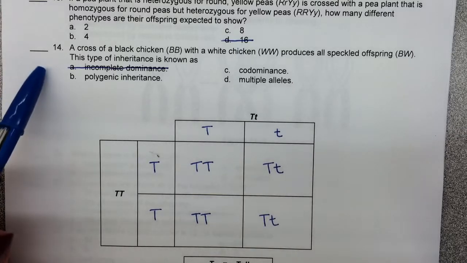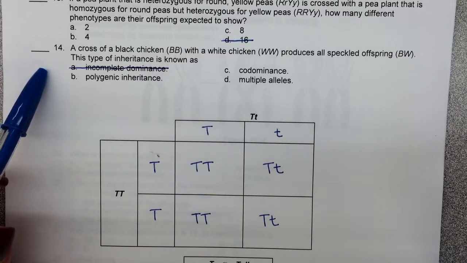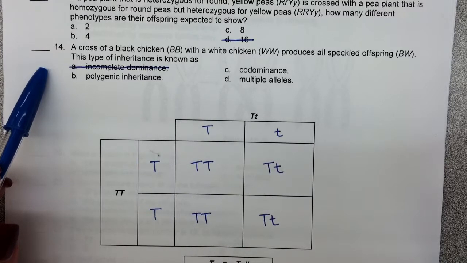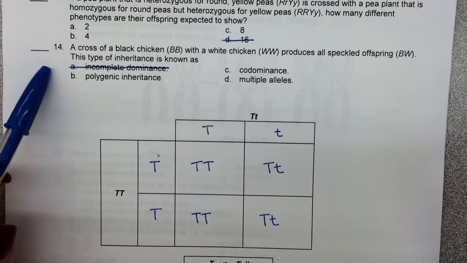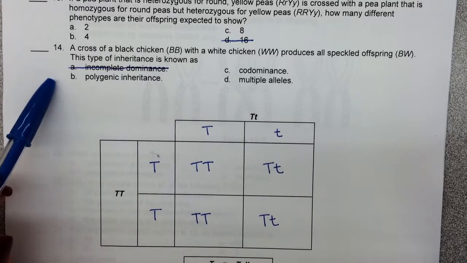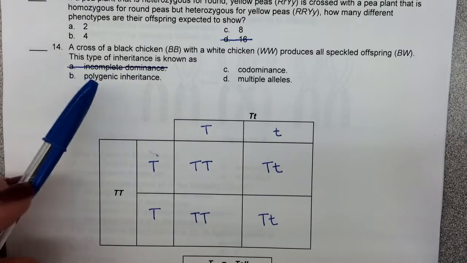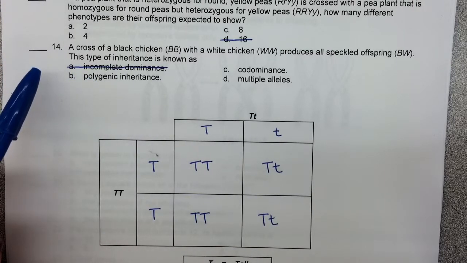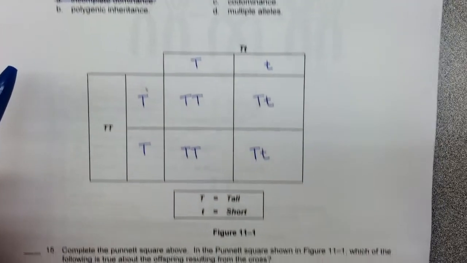Number 14, a cross of black chickens, capital BB, with a white chicken, capital WW, produces all speckled offspring, capital B, capital W. This type of inheritance is known as polygenic inheritance, codominance, or multiple alleles.